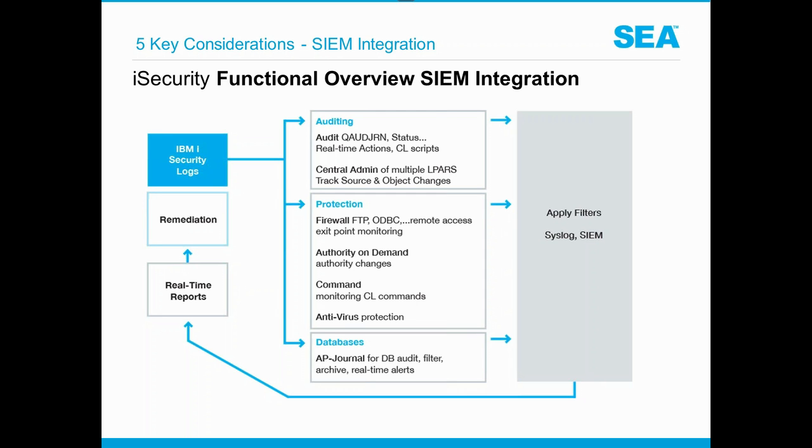Our application journal product can send logs which include field level changes for the IBM i database journaled objects. Our antivirus can also send its logs to the SIEM if required. Authority on Demand, commonly referred to as AOD, can also send authority changes to the SIEM as well.